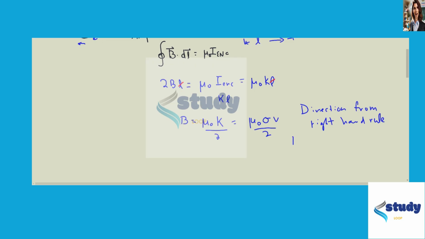So for example, a belt carrying positive charge, moving into the page: B above the belt points to the right, and of course, the opposite direction underneath.